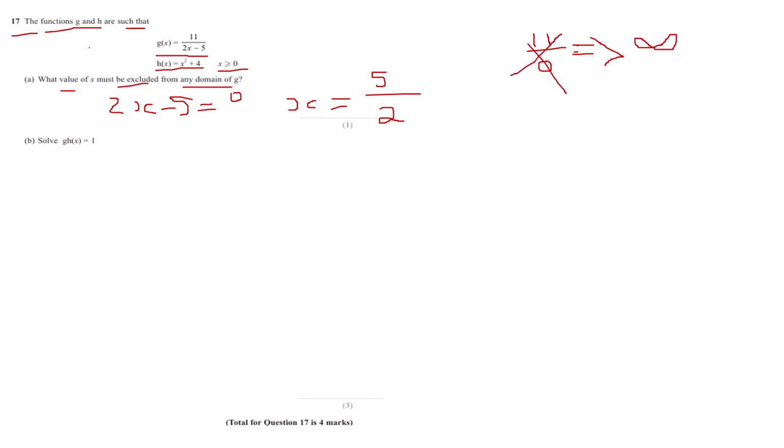Divided by 0. Okay. Part B, solve gh of x is equal to 1. So we take h of x and put it into g of x. So wherever we have an x, replace it with x squared plus 4. You can have 11 over 2 lots of x squared plus 4.